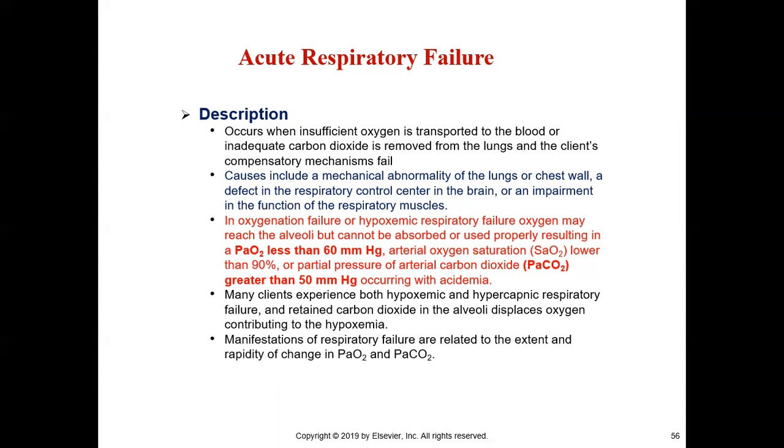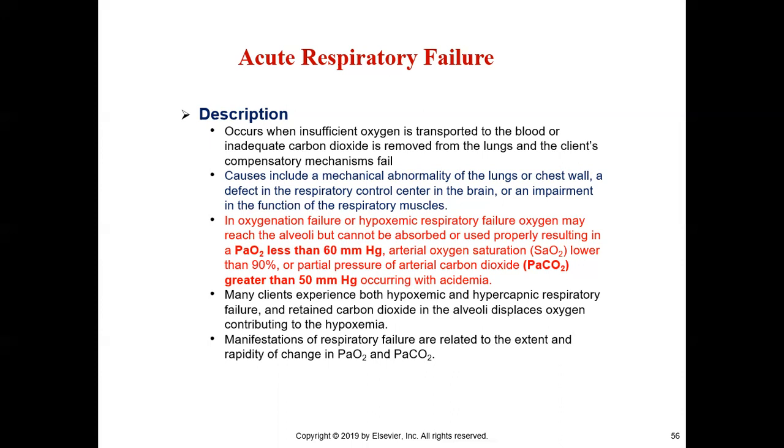So when a patient's respiratory system fails, it may be because of mechanical abnormalities of the lungs or chest wall, or any problem in the respiratory control center in the brain, because the brain stem starts expiration and inspiration.